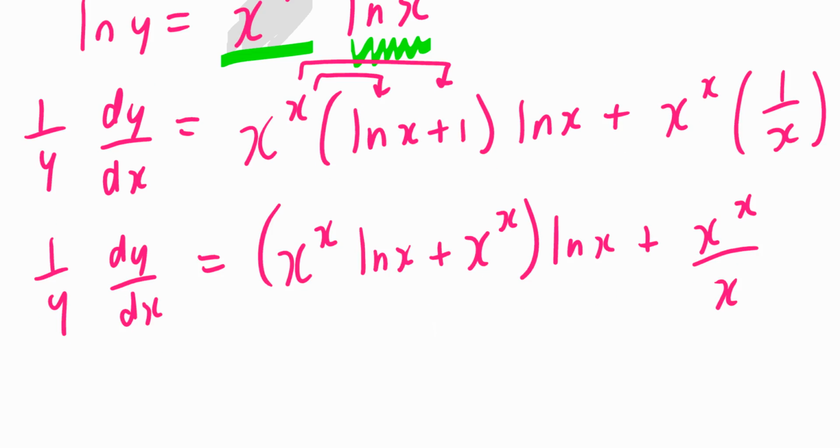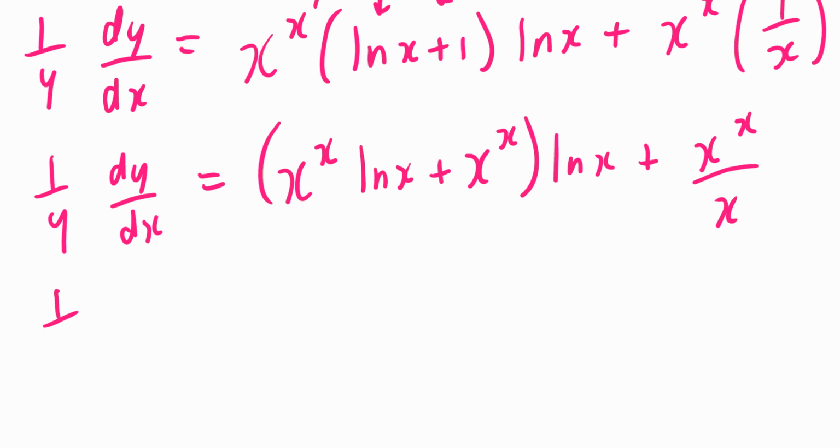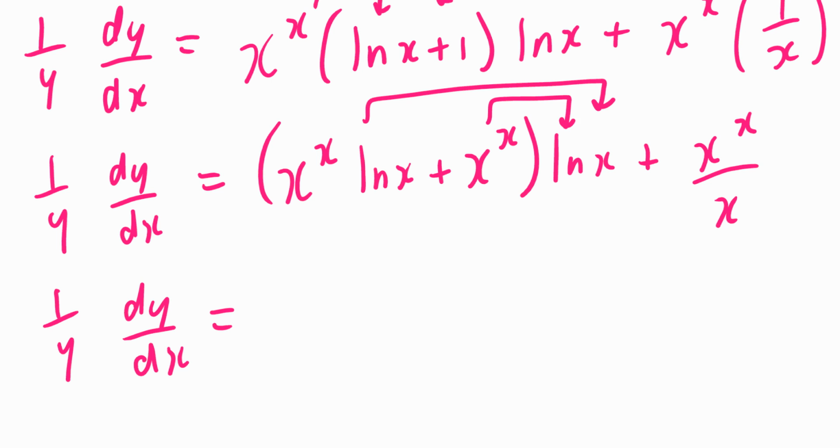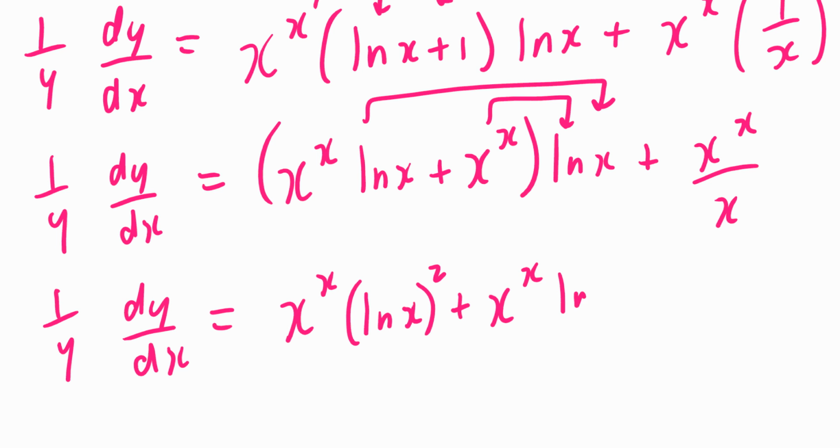Let's keep going first. 1 divided by y times dy by dx equals, let's draw the arrows again, x to the power of x times ln x, which is ln x squared, plus x to the power of x times ln x plus x to the power of x divided by x.